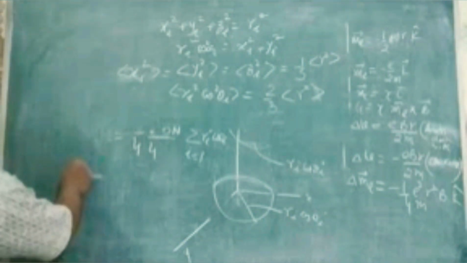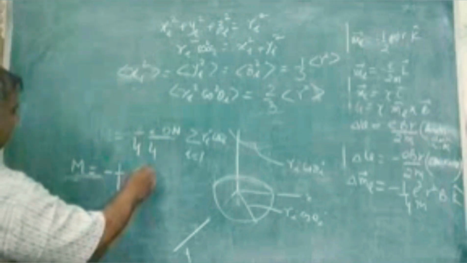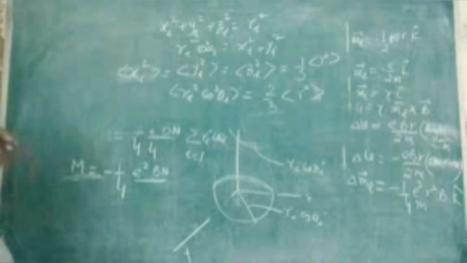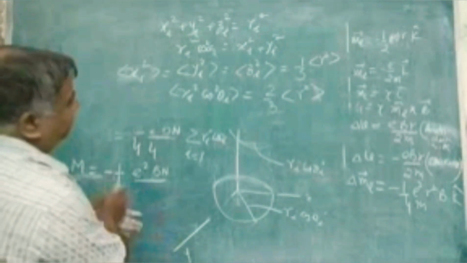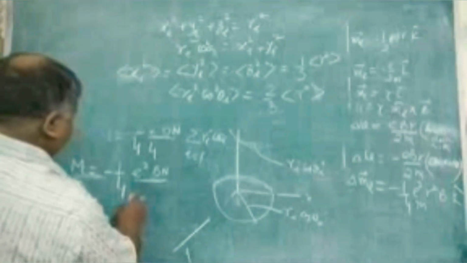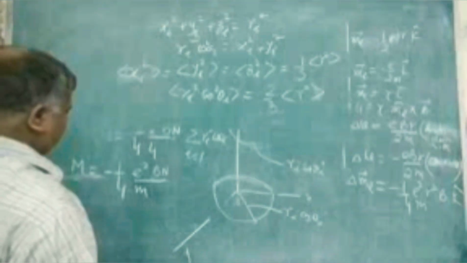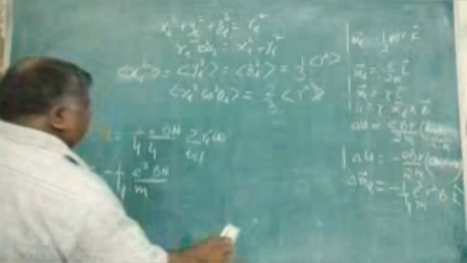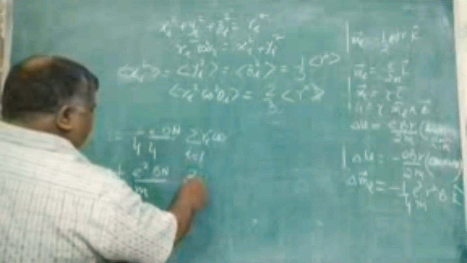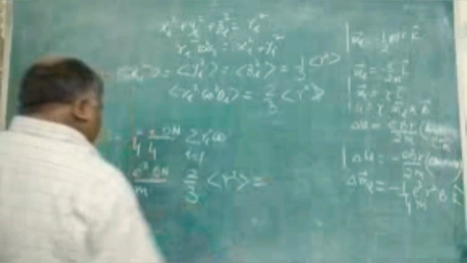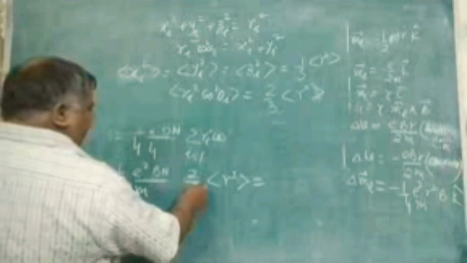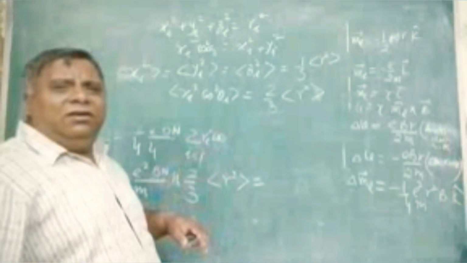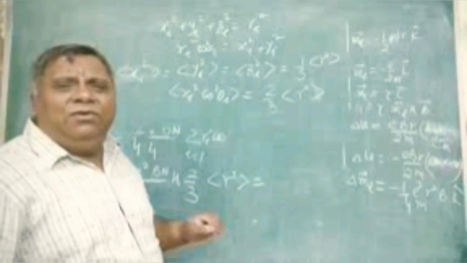We have M is equal to minus 1 upon 4 e square B n m, 2 by 3 into n, because the summation is over n, so the summation is equal to average value into n.